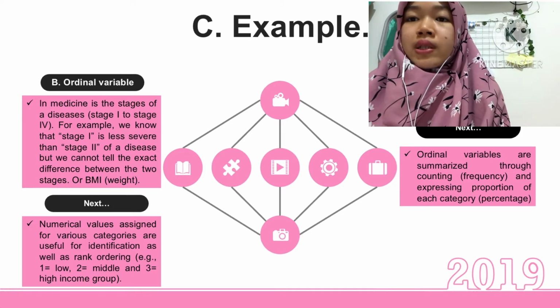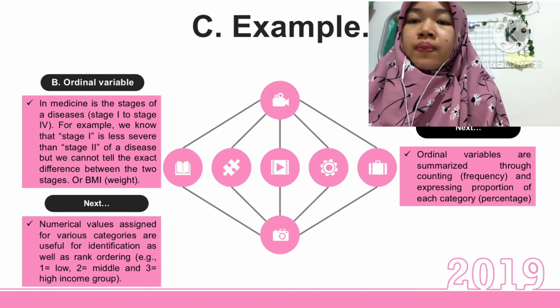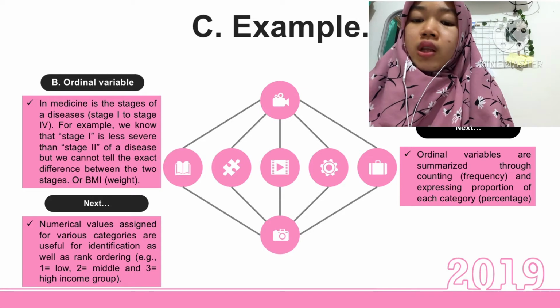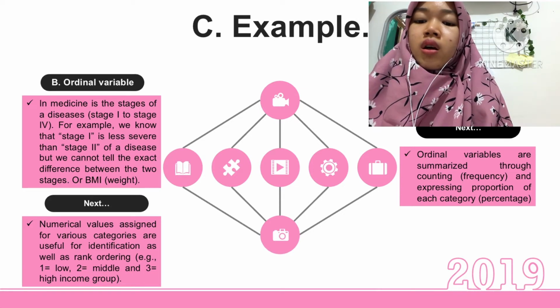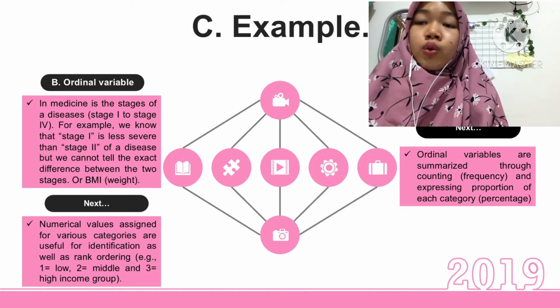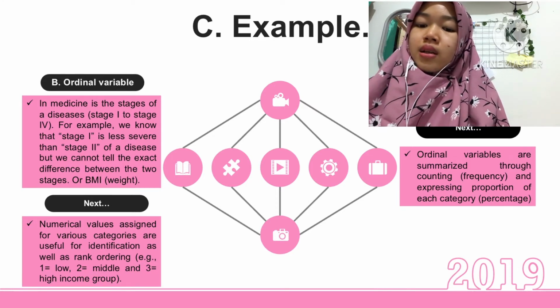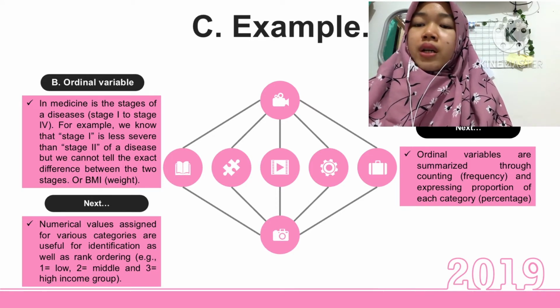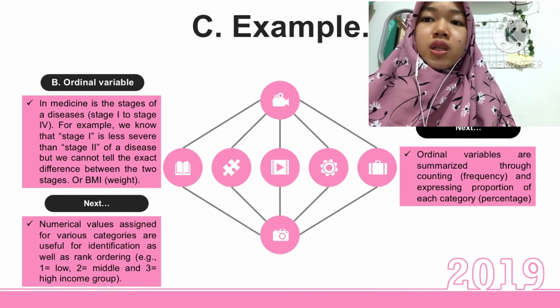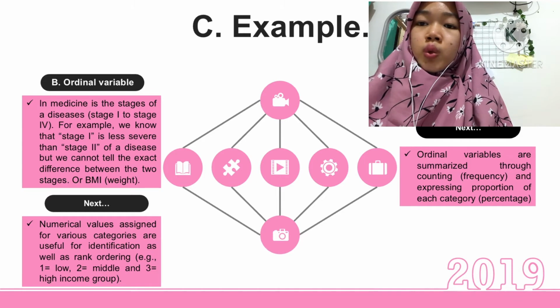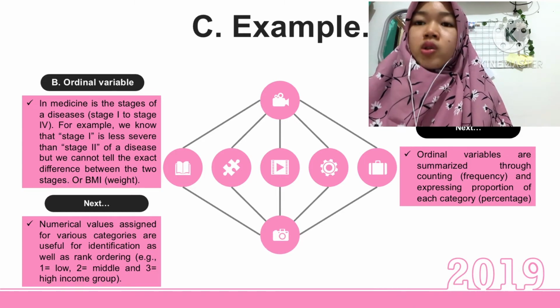Okay, the next example is from ordinal variables. I will take an example from medicine, for example the stage of the disease, stage 1 to stage 4. We know that stage 1 is less than stage 2, but we cannot tell the exact difference between the two stages.